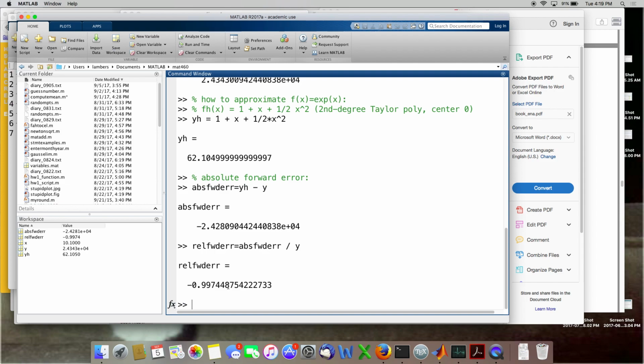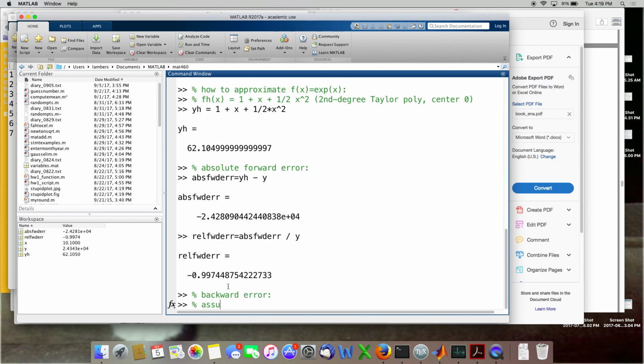Because what I want to highlight here is, is this a well-conditioned or ill-conditioned problem, a problem of computing the exponential? So what I'm going to do is, with backward error, we assume that the approximate output, which is defined to be the approximate algorithm applied to the exact input, x, is also equal to the exact solution of a nearby problem.